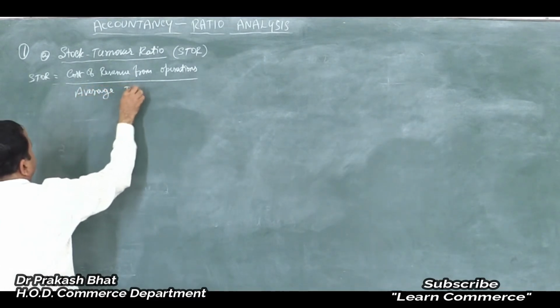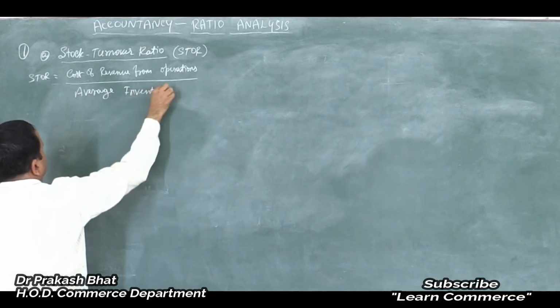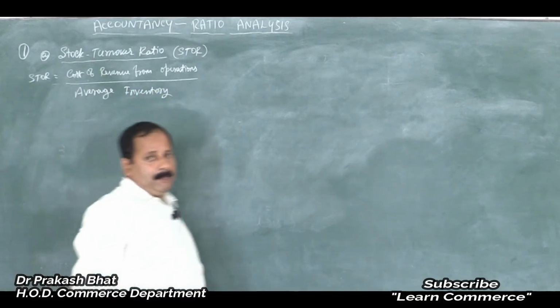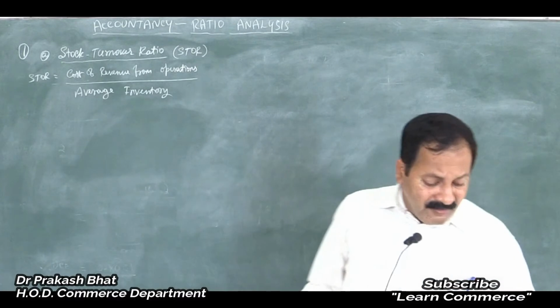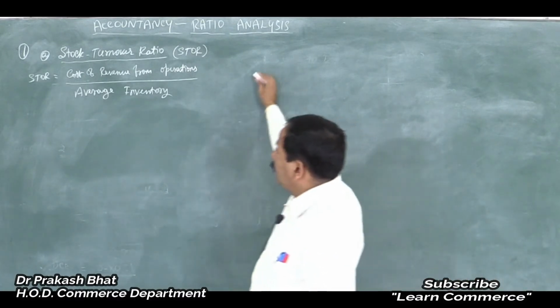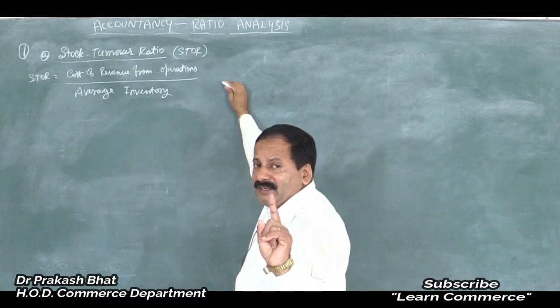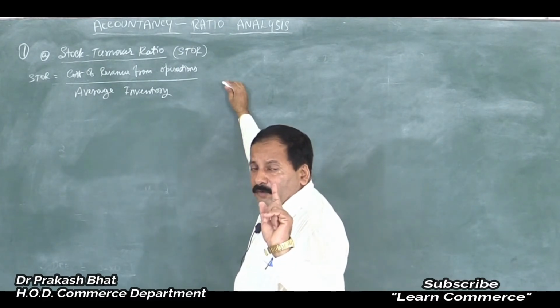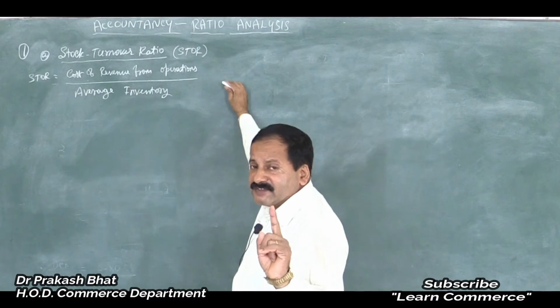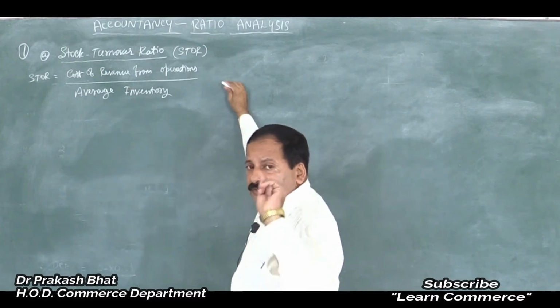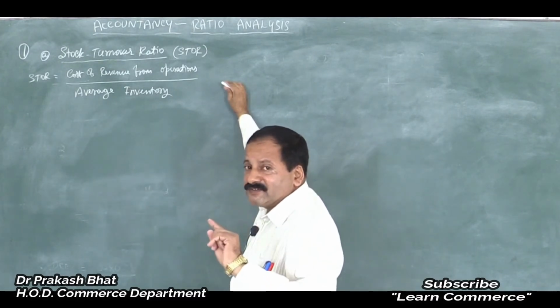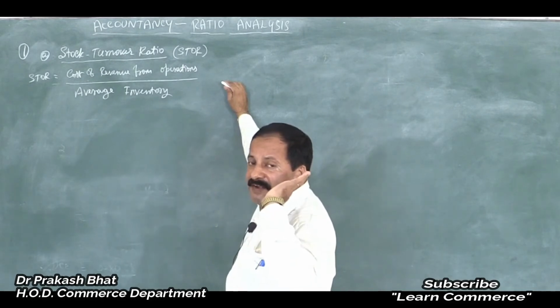Average inventory. Inventory means what? Stock. Inventory means stock. Here, average inventory means opening debtors plus opening bills receivable plus closing debtors plus closing bills receivable divided by 2. That is what you have to do here.